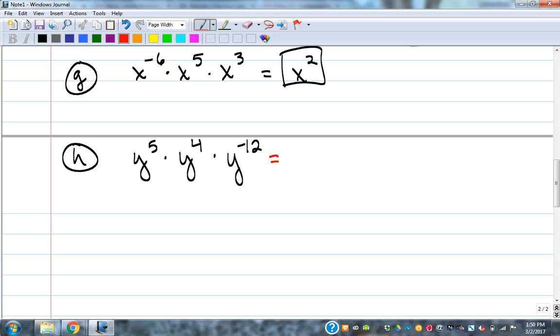Negative 3rd. Why negative? Yeah, 12 is bigger. So yeah, it's y to the negative 3, but we need to fix that. Yeah, 1 over y to the 3rd. Okay, so we can't leave a negative exponent in our answers in section 1.